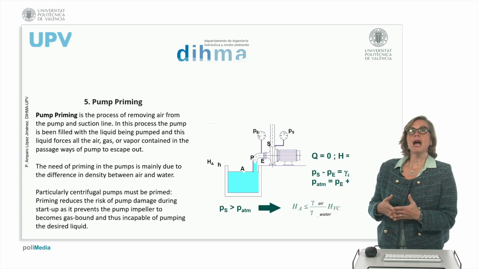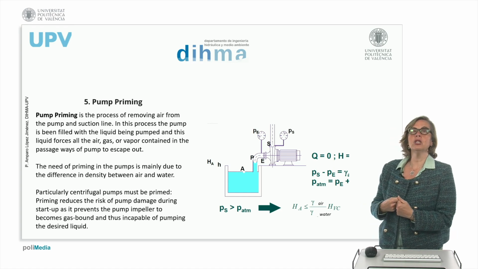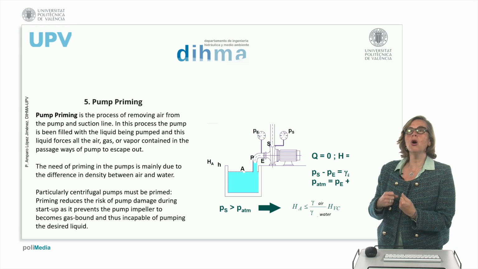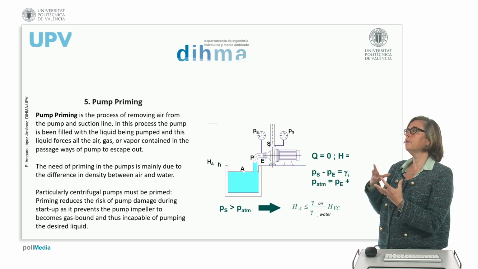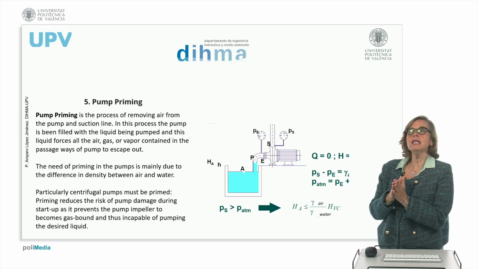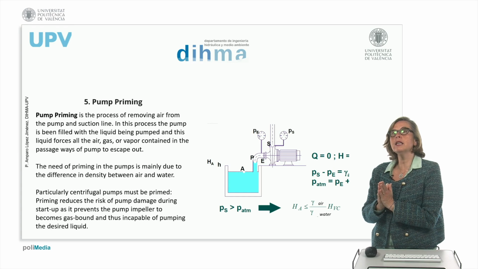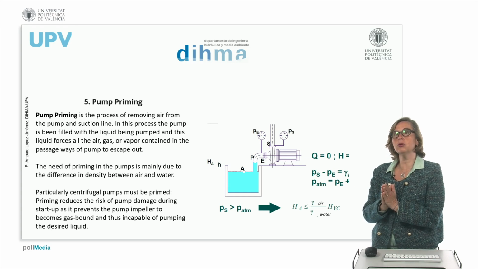Also, we have the pump priming. This is the process of removing air from the pump and suction line, and it is important to do it always when we begin the activities of a pump. In this case, we will need to know the density of air in terms of the density of water.